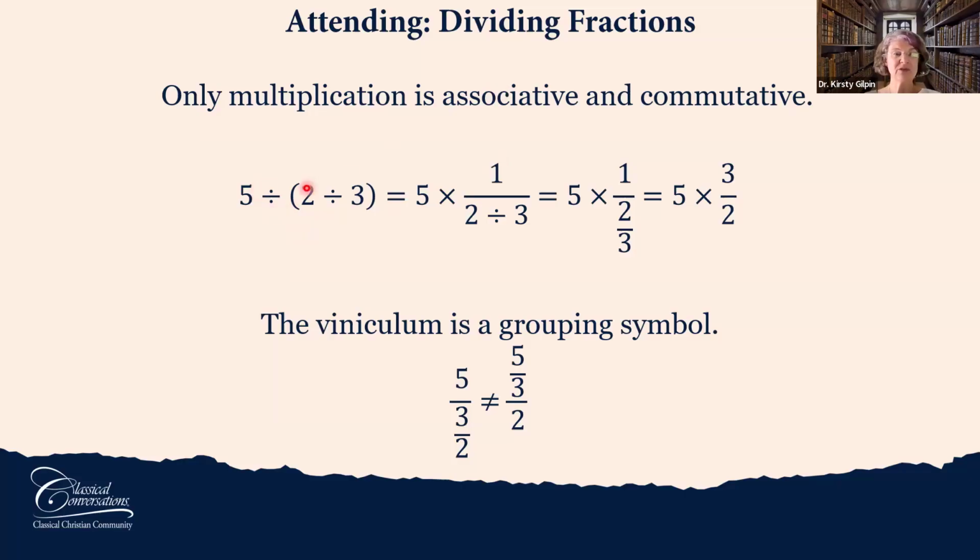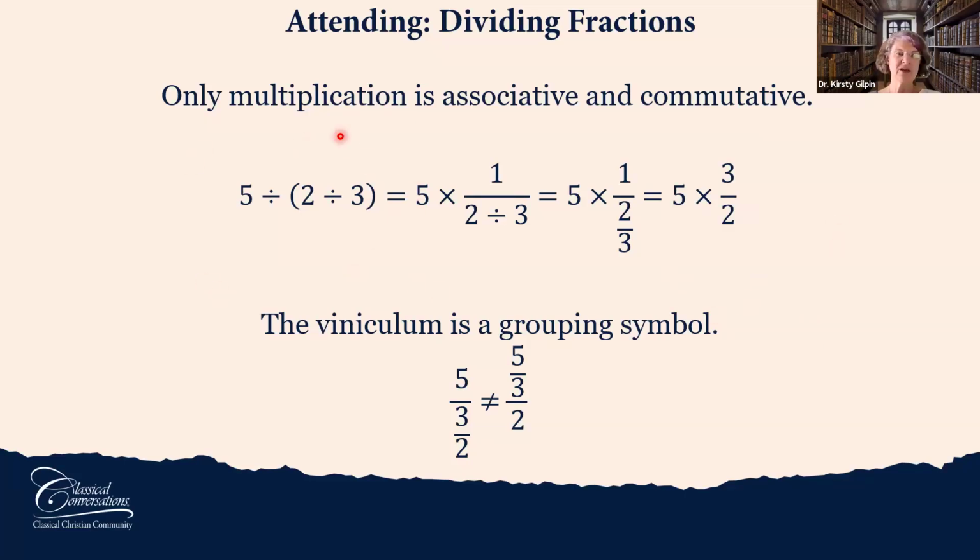If I was to write this out, taking my first division, it would be 5 times the reciprocal of 2 divided by 3. So that's 1 over 2 divided by 3, which I could write as 2/3. And the reciprocal of that is 1 over 2/3, which is 3 halves. And I end up with 5 times 3 halves, or 15 halves.